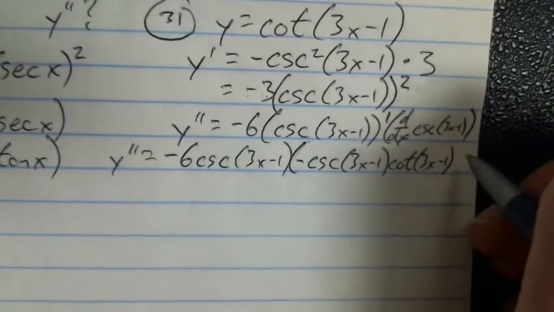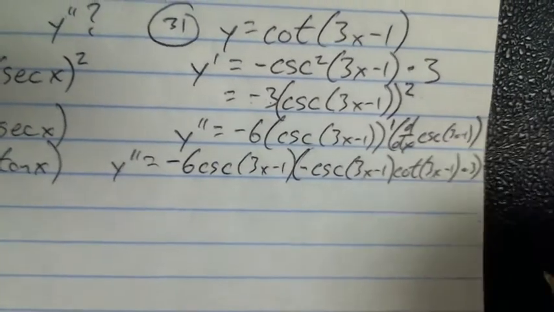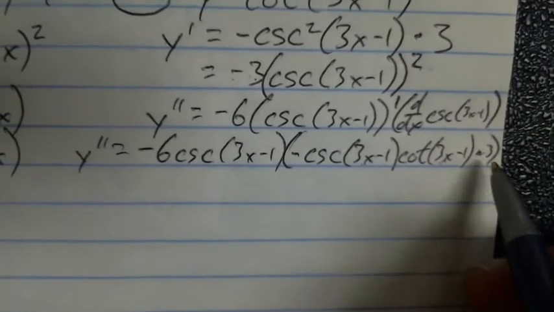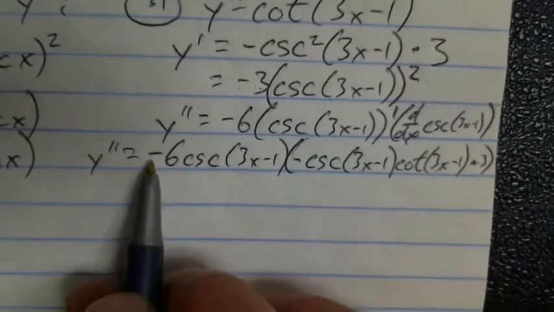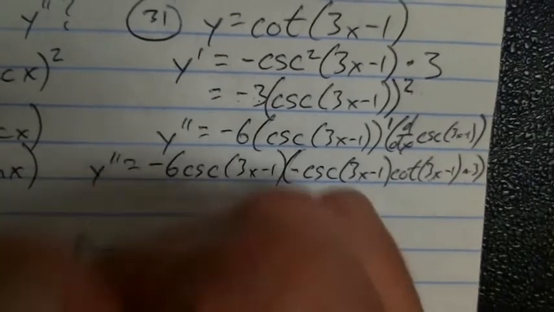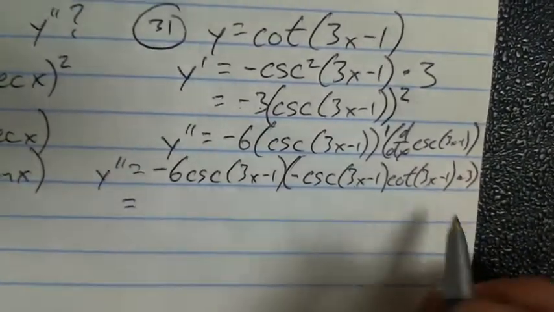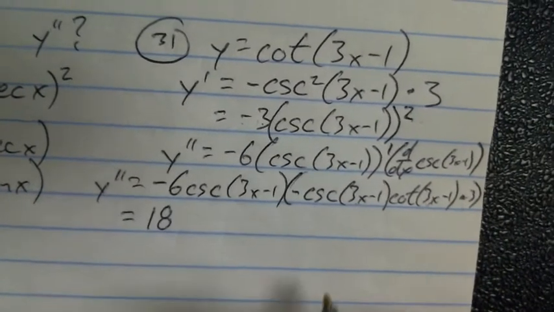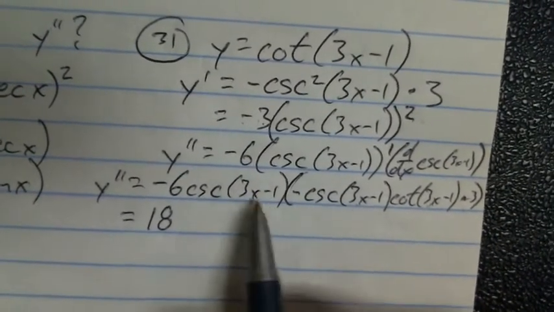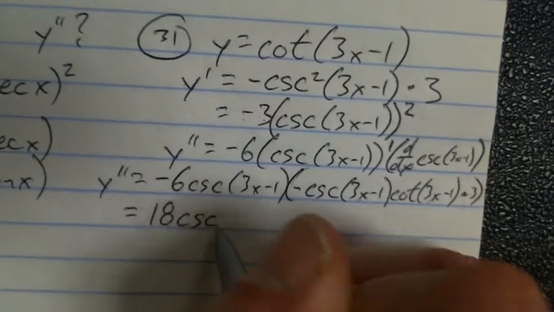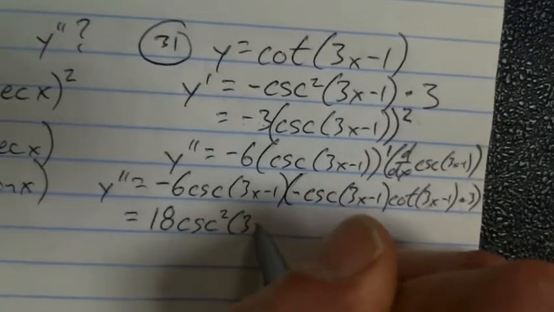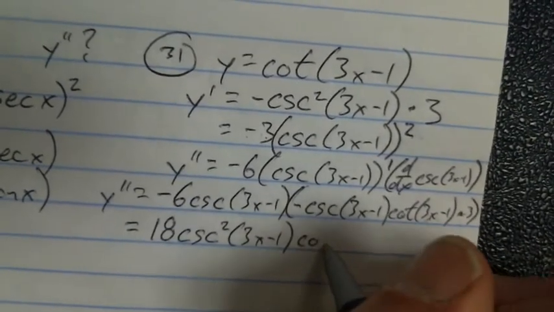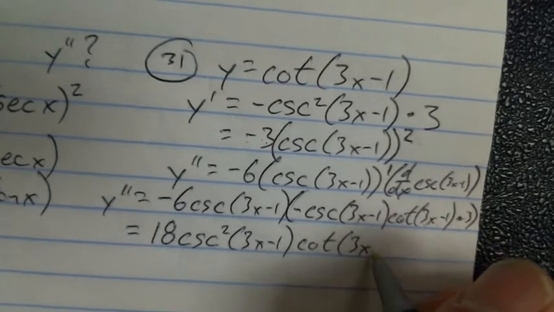The derivative of 3x minus 1 is just 3. Multiply by 3. So this 3 and this negative 6 can all be put together: 3, negative, negative, and 6 is 18. We've got 2 cosecants of 3x minus 1, so it's cosecant squared of 3x minus 1. And then the cotangent of 3x minus 1.